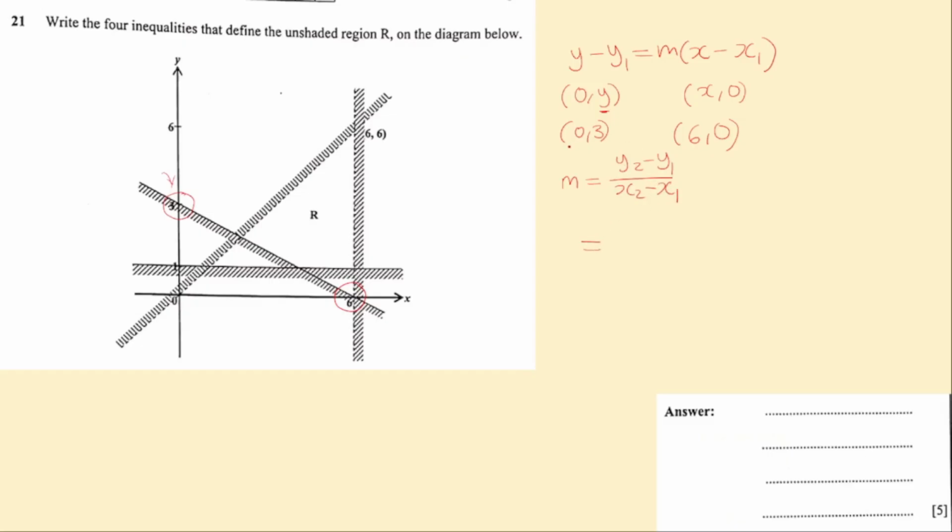I'm assigning these as my x sub 1, y sub 1 and these as my x sub 2, y sub 2. So that will be 0. This will be 6. That will be 3 minus 3. This x will be 0. My gradient will be negative 3 over 6, but when I reduce it to its lowest terms, we're going to have negative half.